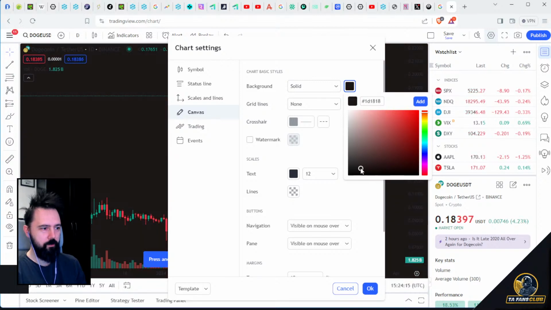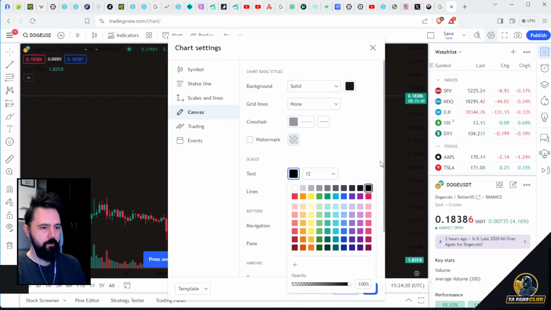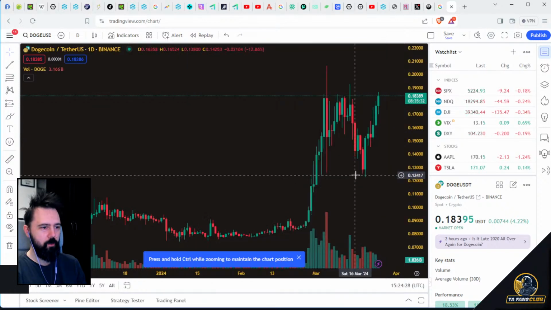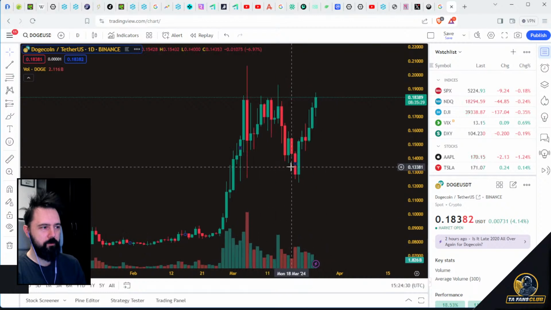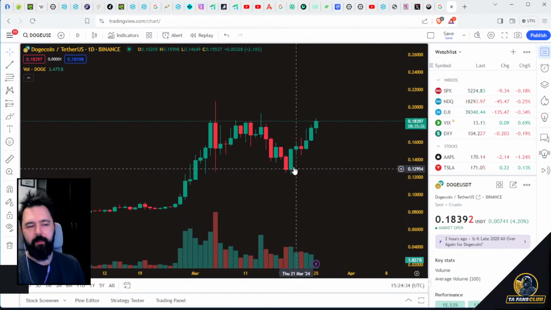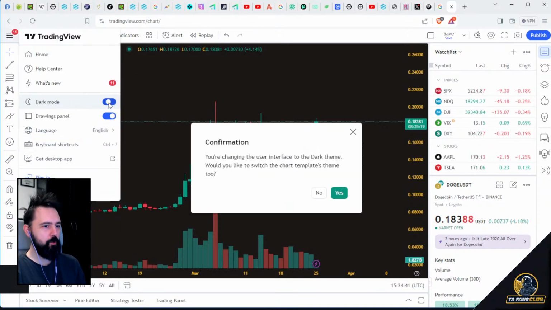Text is black. Now text is white. Now text is orange. Okay. There we go. Pretty much what I have, give or take. And then you go up here and you pick dark mode.